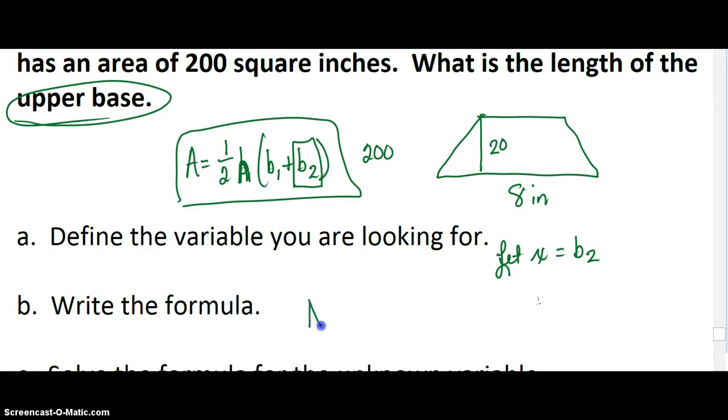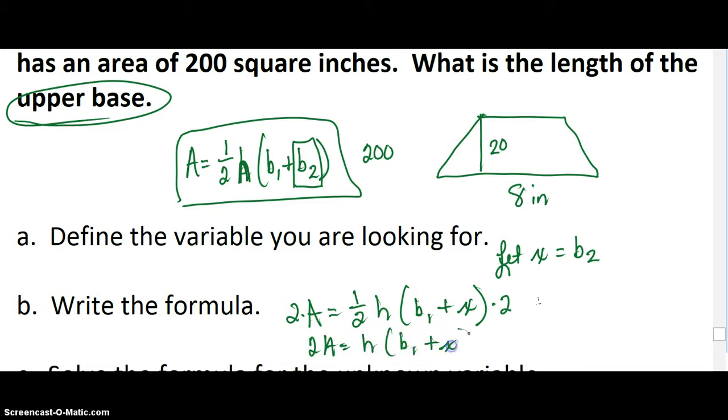So area equals 1/2 height times base 1 plus x, and you can put x in now for base 2. That might make it easier for you to see. Multiply both sides by 2. I get that 2a equals height times base 1 plus x. Okay, divide both sides by h.